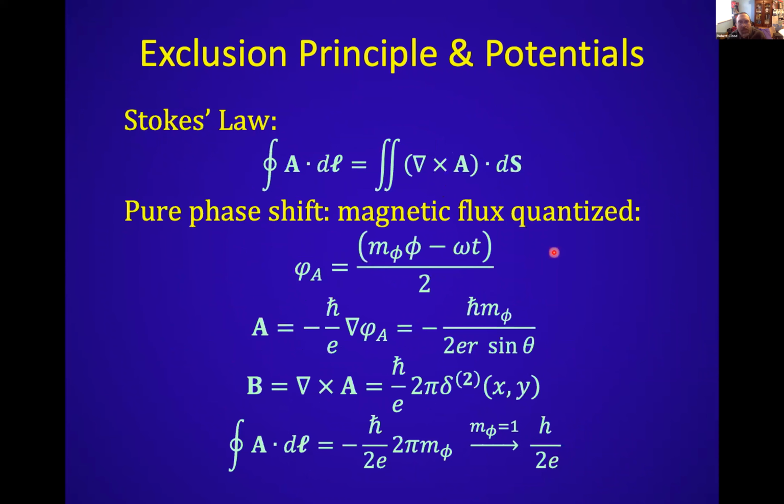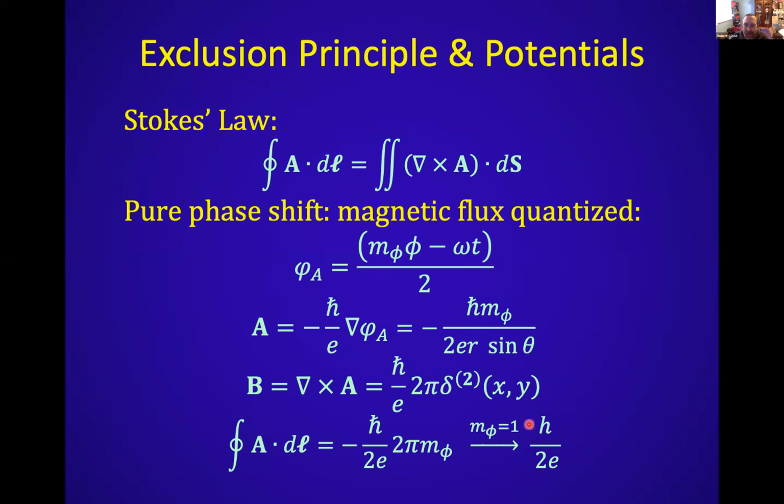Okay, so just to give some examples, if you have a pure phase shift, which you might have in let's say a macroscopic system, where you've got everything synchronized into a pure phase, everything's in phase, then if you work out the magnetic vector potential and take the integral, that has to come back within a factor of pi or some multiple of pi.